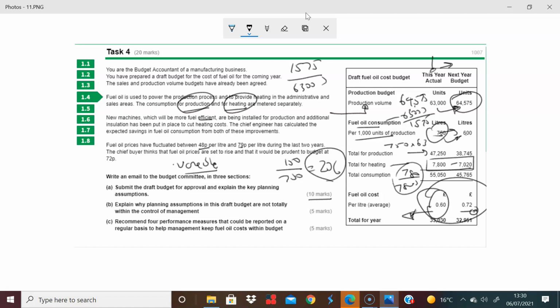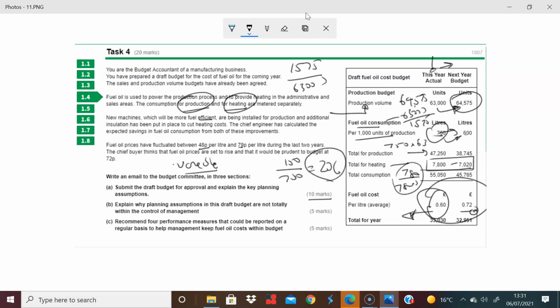You can do that as a percentage as well. There's an increase in the assumption here of 12p on the 60p. That's an increase of 20% on fuel costs. So these are the assumptions that we are highlighting. We see an increase of 20% more than the actual average price.